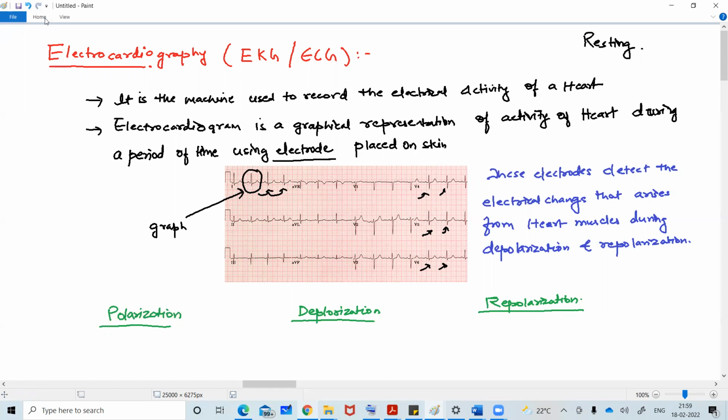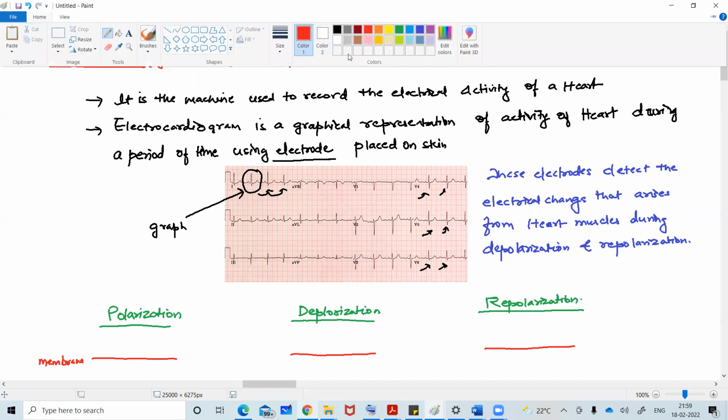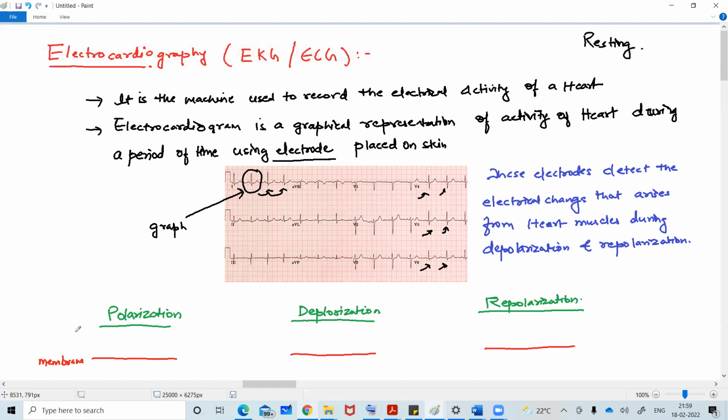When we say polarized, suppose this is the membrane line. If charges are separated like this, all positive charges outside and negative charges inside, this stage is called the polarized state.